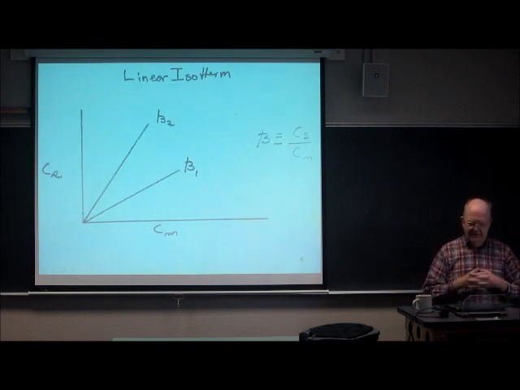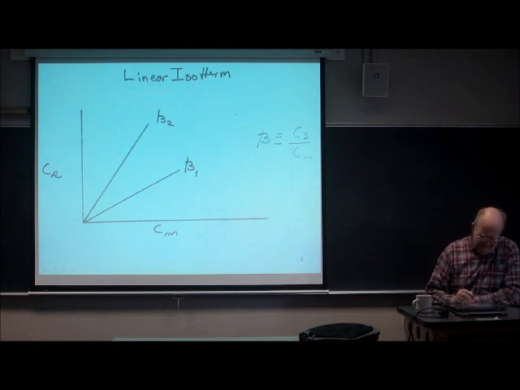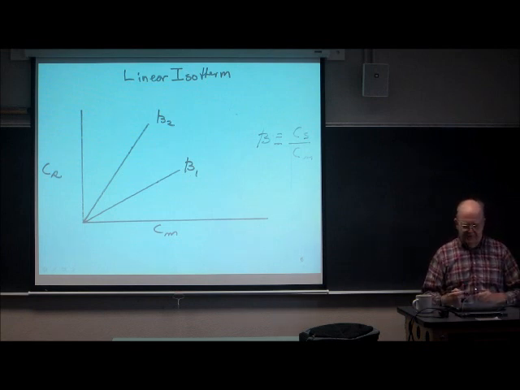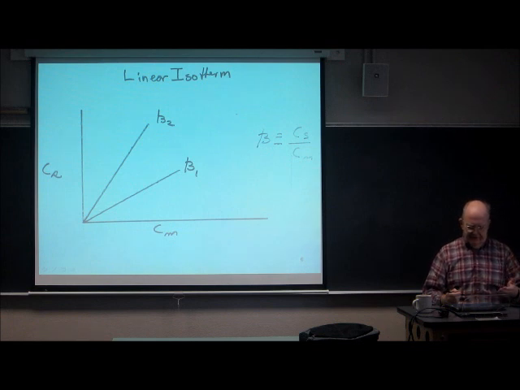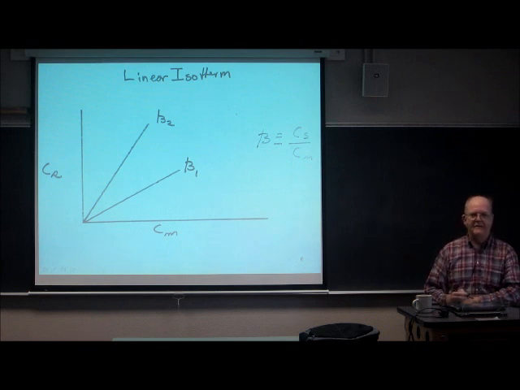Well, let's think about a linear isotherm. Beta is the K factor for the isotherm. It's the ratio of the concentration of the stuff in the stationary phase to the concentration of stuff in the mobile phase. This beta is bigger than that beta.